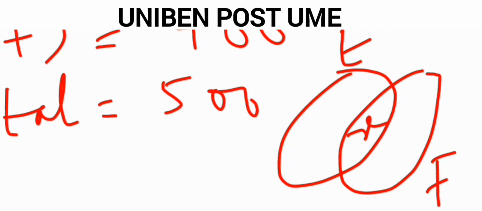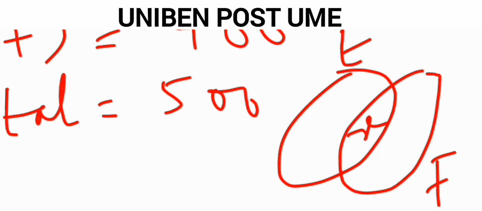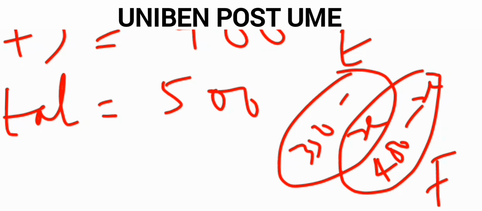You already know that the number of people speaking French is 400. So everything in this circle is 400. But part of it is already X. So this part will be 400 minus X. For English, the same way, here will be 350 minus X.